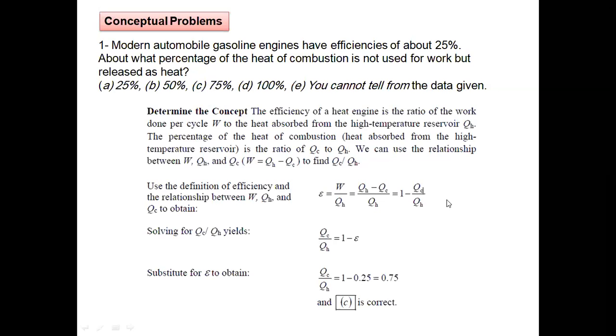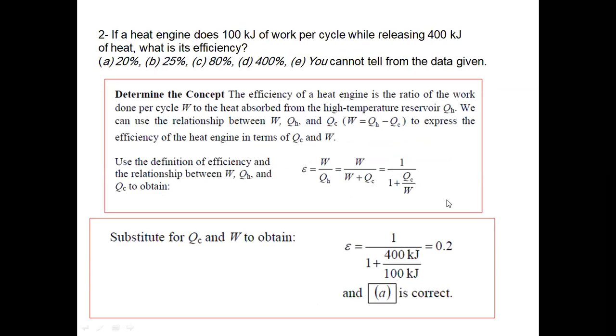Okay, another example. If a heat engine does 100 kilojoule of work per cycle while releasing 400 kilojoule of heat, what is the efficiency? 20%, 25%, 80%, 400%, or you cannot tell from the data given.